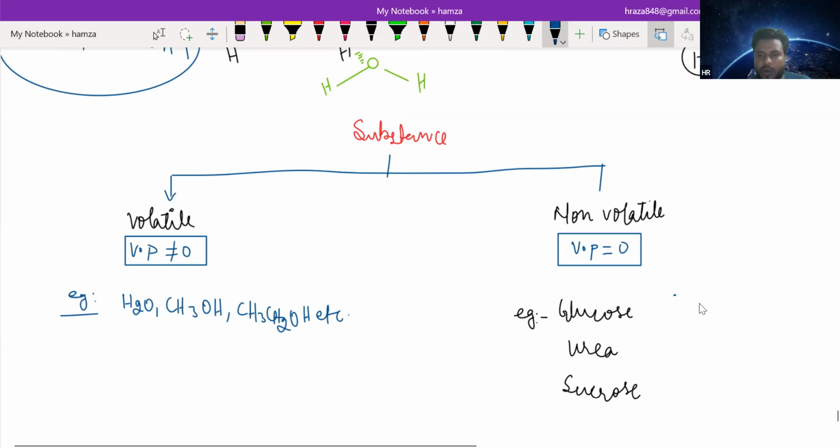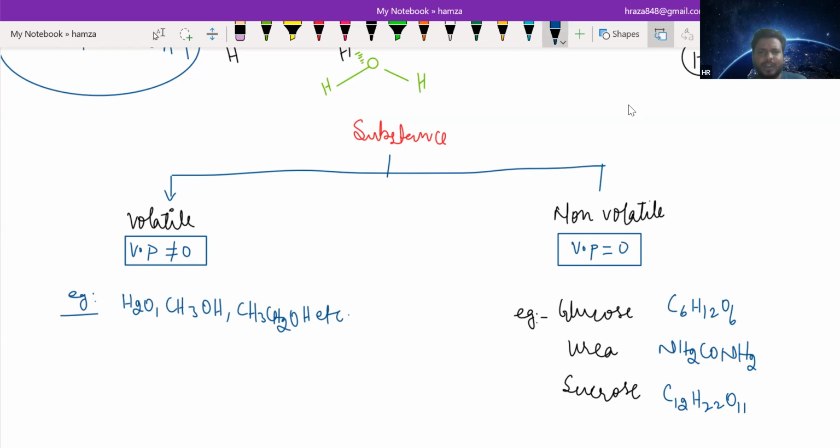I'm going to write the formula of this: glucose is C6H12O6. Urea has the formula NH2CONH2, and sucrose, that means sugar, is C12H22O11. It is also important to note the molecular masses: 180 gram, 60 gram, and 342 gram.